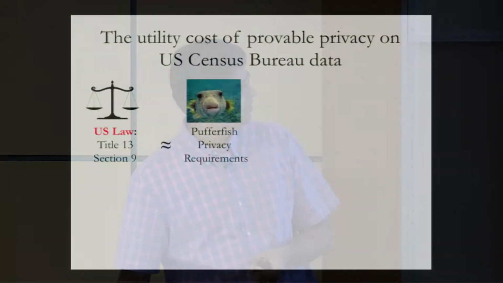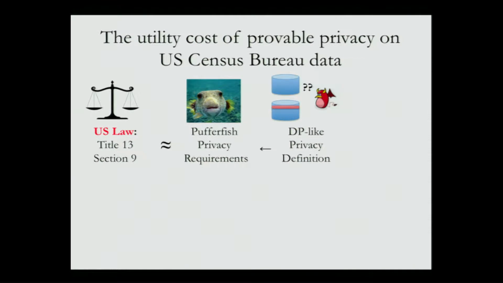Okay? So in this work, what we did was, rather than just say, okay, you use differential privacy, we started with saying, okay, let's look at the relevant US law and its interpretation and try to formalize those mathematically. Then based on that, we got a definition that looks like differential privacy, and then added noise to the statistics that they want to release and released those statistics.